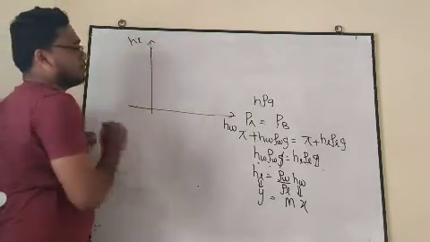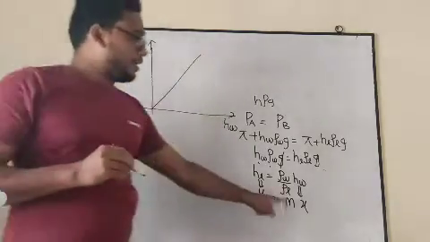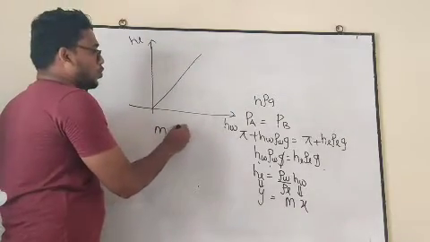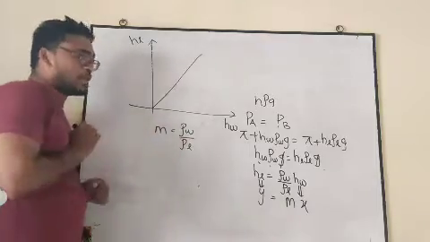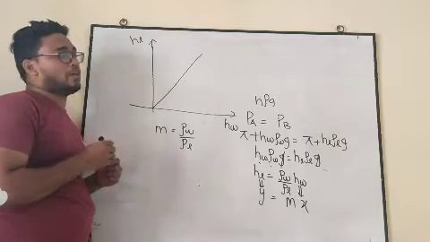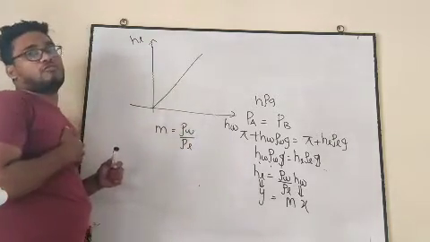So the graph is y equals mx, and m is rho W over rho L. We know relative density equals the substance density over the water density.